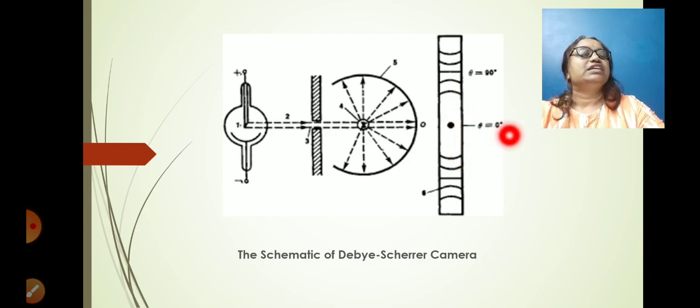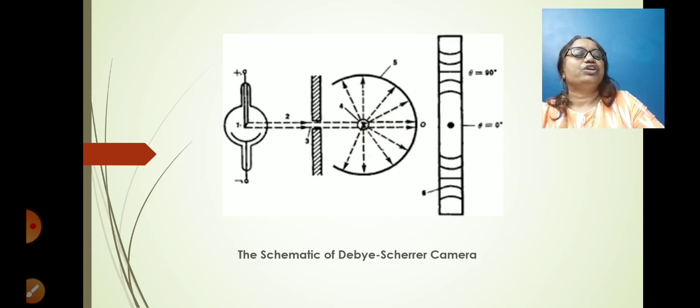The angle theta is varied from 0 degree to 90 degree because we are rotating the camera by 2 theta and the sample by theta. This is the schematic of a Debye-Scherrer camera.